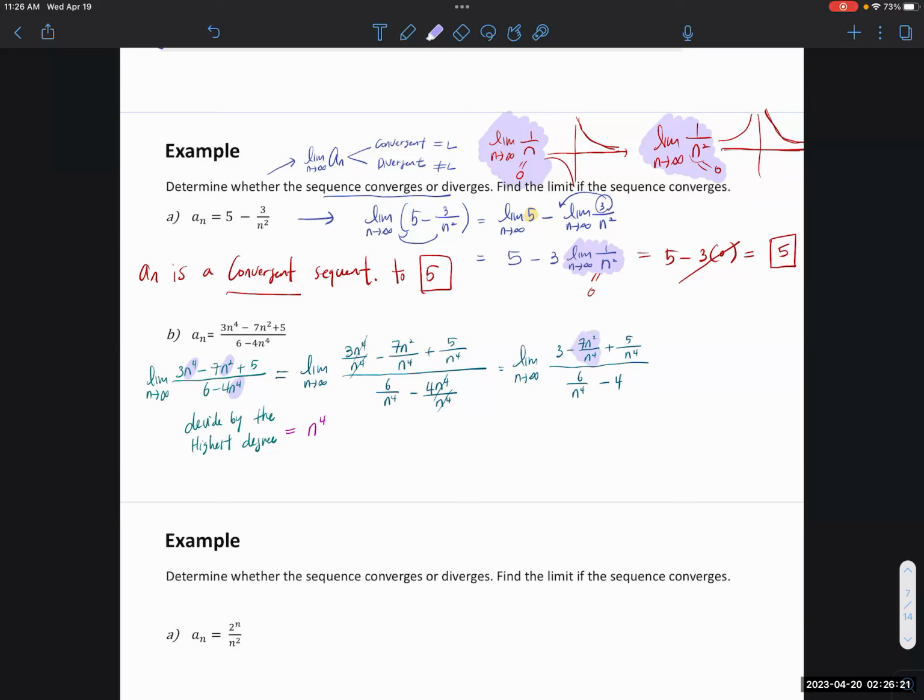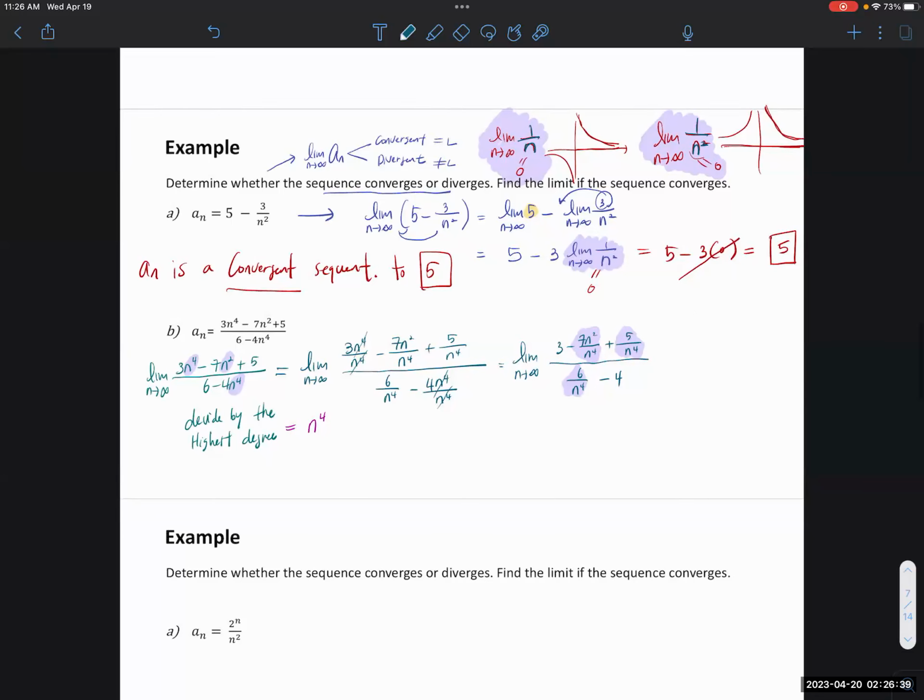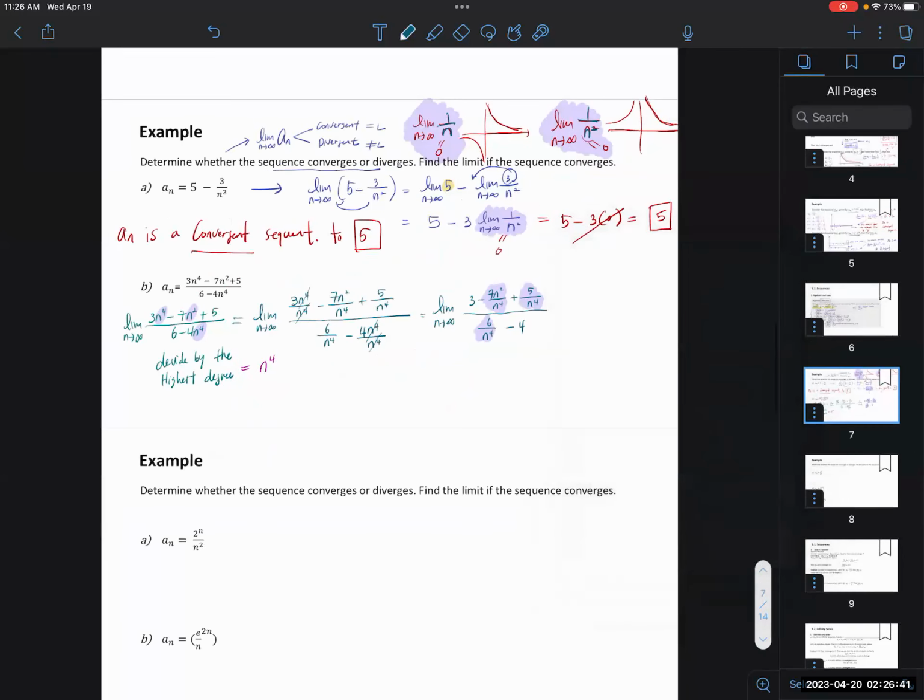We have n^2 divided by n^4, 5 divided by n^4, 6 over n^4. If you have the highest degree in the bottom, it's the same thing, 1 over n squared, no matter what. I'm going to make some space here for your better understanding.